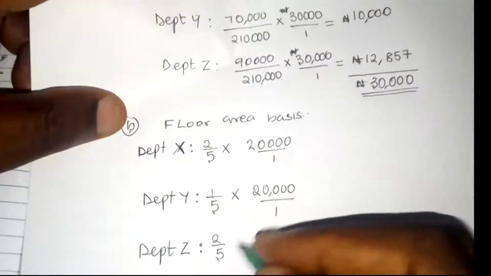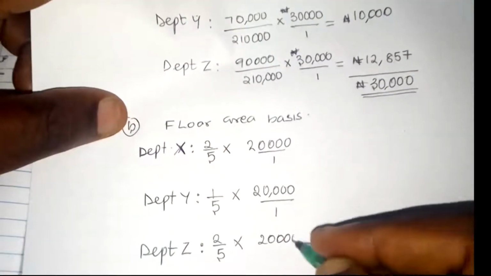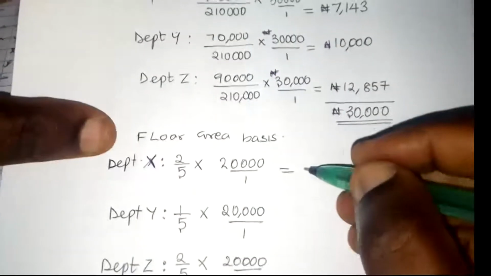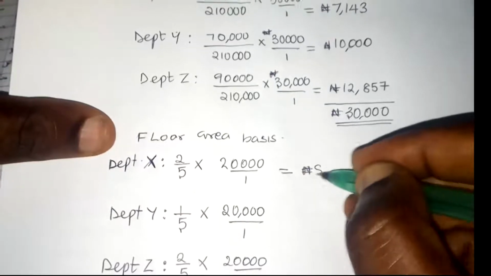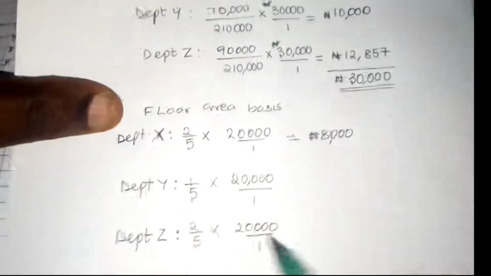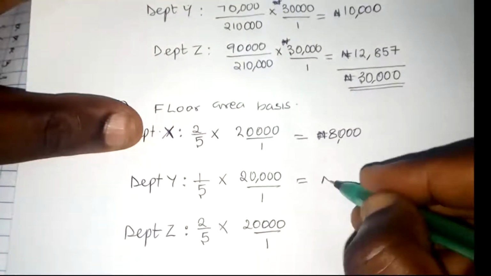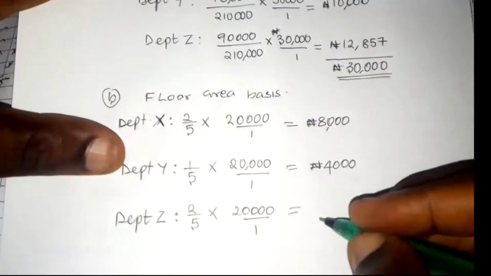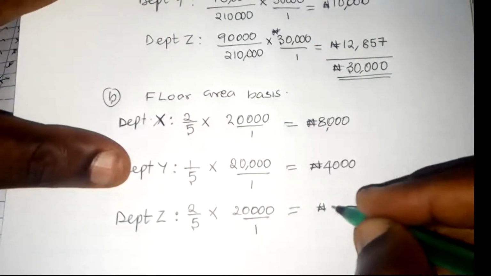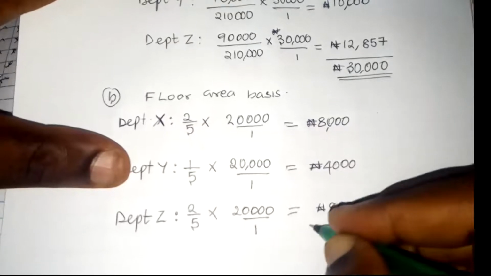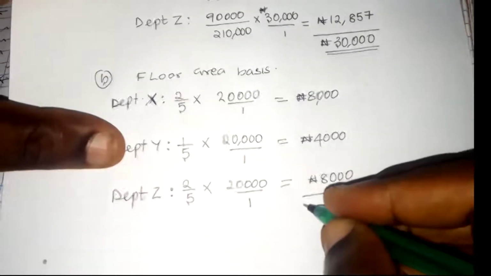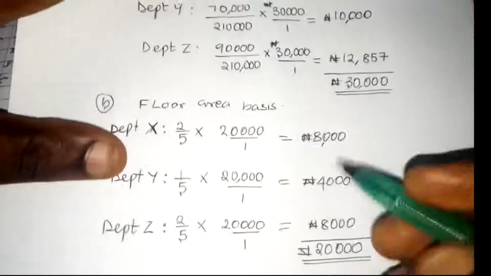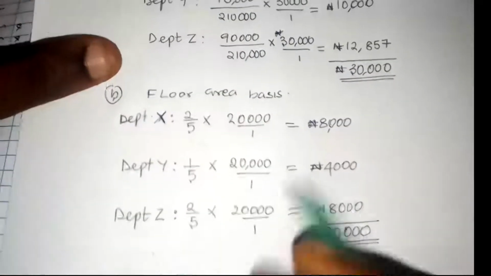When you use your calculator, this is going to give you 8,000 naira for X. Y will give you 4,000 naira, and Z will give you 8,000 naira. By the time you add this, it should give you the 20,000. So it has been shared among the three departments. This is what we call allocation of overheads.